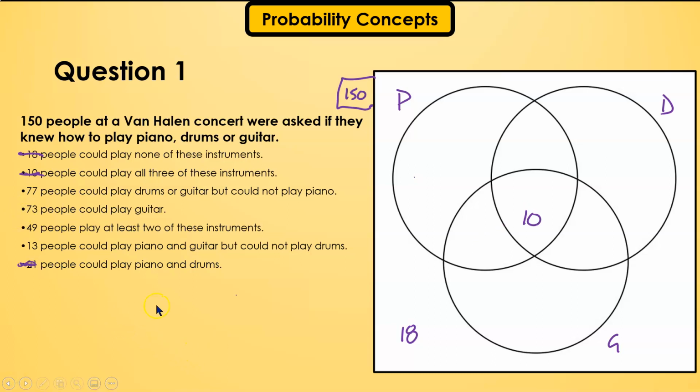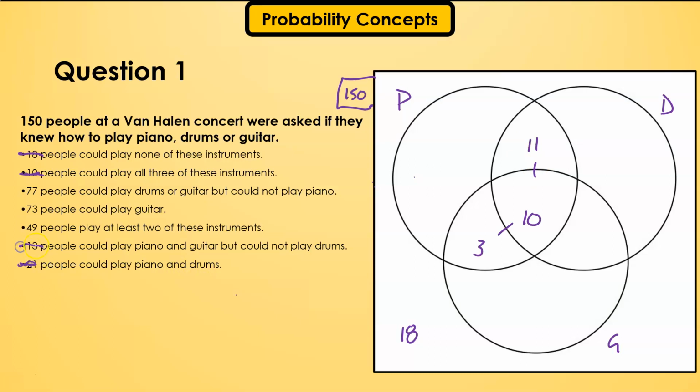Okay, 13 people could play the piano and the guitar, but could not play the drums. So that must add up to 13. So I can put a 3 there. The last one, 21 people could play the piano and drums. So that must mean that one equals 11 because both of those should add up to 21.